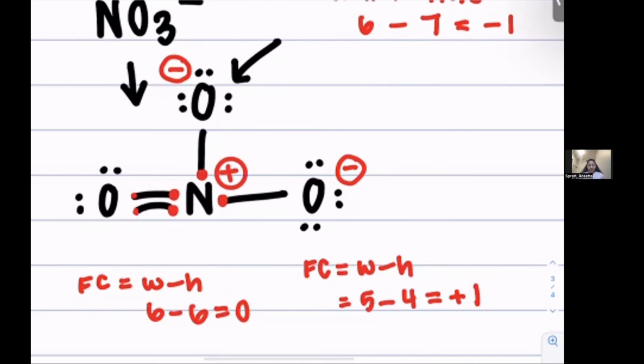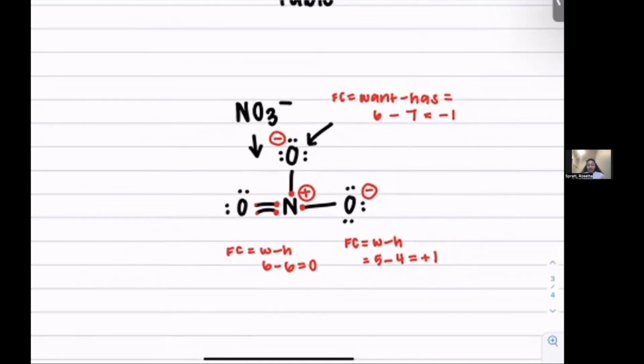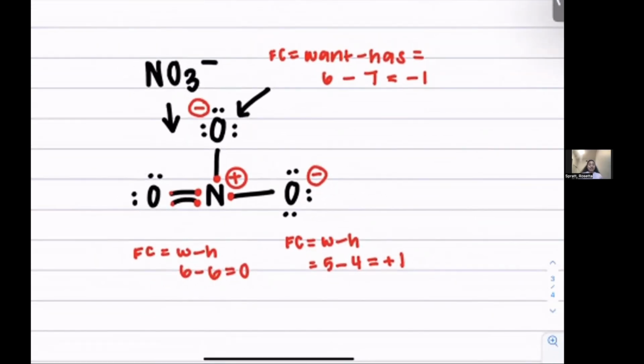Okay, so we've accounted for each element's formal charge. Now, in order to make sure that we've calculated them all correctly, we have to add them all together and make sure that they add up to the charge on the original compound. This was our original compound, NO3 minus. We need to make sure that when we combine all of our formal charges, they get us to -1.